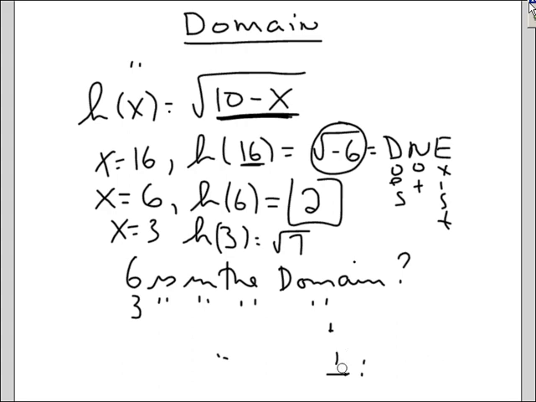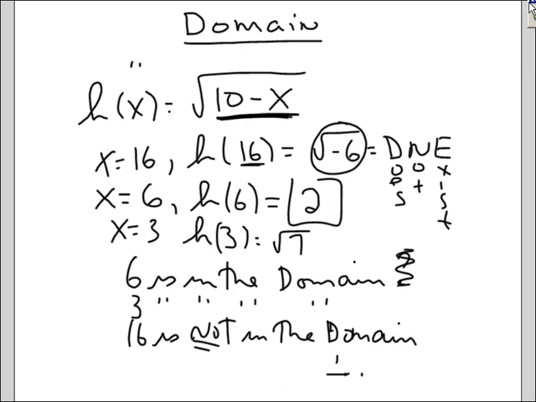The numbers that you plug in for x, not the intelligent answers, are numbers in the domain. 16 is not in the domain. 6 is in the domain. 3 is in the domain. 16 is not in the domain.